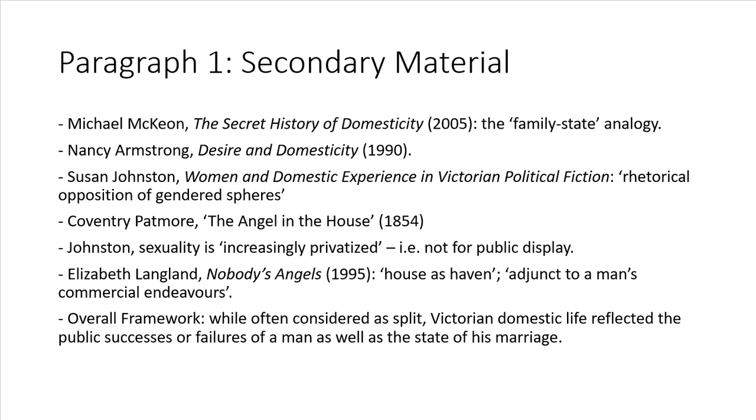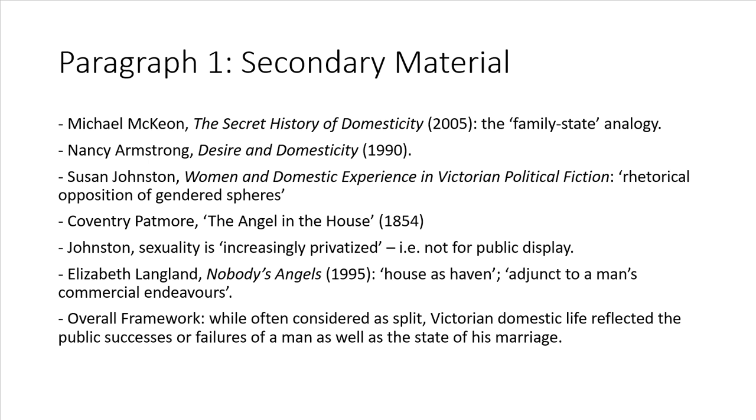I'll look at one there, for example, Elizabeth Langley in Nobody's Angels. She uses the phrase that house as haven at one point. That's a memorable phrase that I can use to set up some critical material at the start of the essay. Coventry Patmore's famous poem, The Angel in the House, is one that you may have discussed in class briefly. Susan Johnston's phrase, rhetorical opposition of gendered spheres, suggests that the private world is a feminine world and the public world is a male world in Victorian fiction.